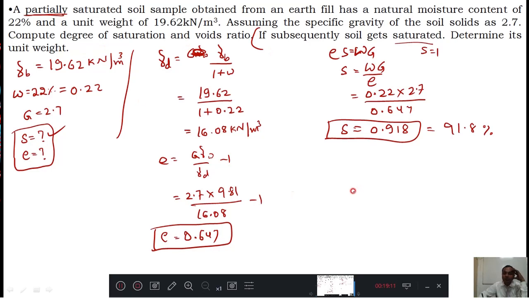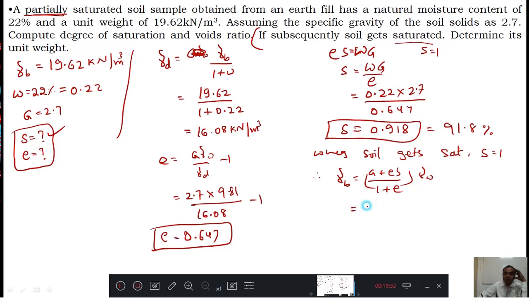Now the second question: subsequently soil gets saturated, means S becomes 1. Determine its unit weight when soil gets saturated. S becomes 1. Therefore gamma B equal to (G plus eS) divided by (1 plus e) into gamma W. That is 2.7 plus 0.647 into 1, divided by 1 plus 0.647, into 9.81.